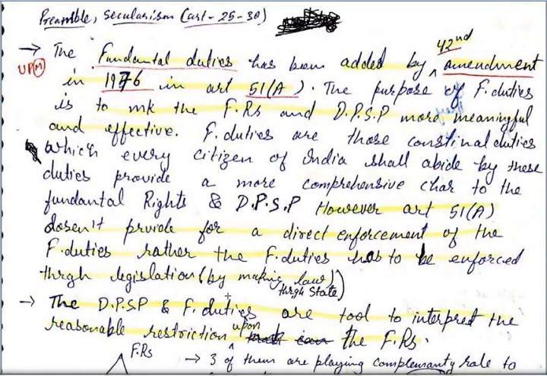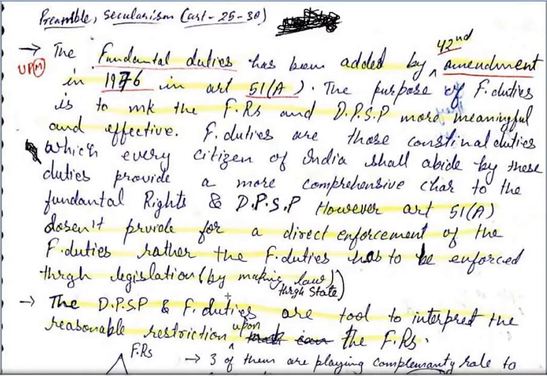So for DPSP you have Article 37, which says that they are not enforceable, but you know that they can be enforced by making laws. For fundamental duties, 51A is there, but nowhere is any kind of enforcement provided. In fact, in the entire Constitution there is no provision for direct enforcement of fundamental duties.